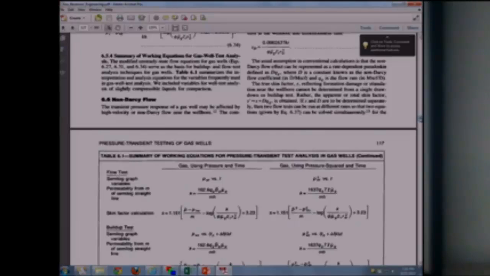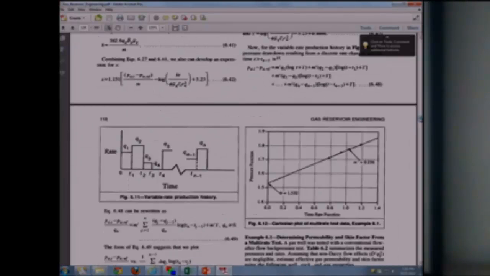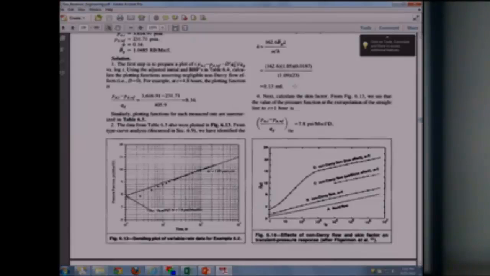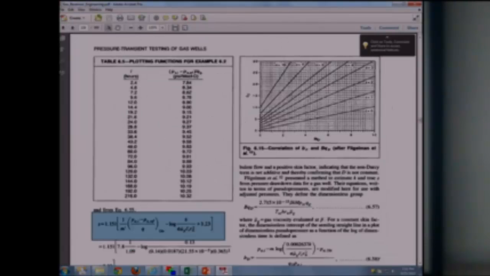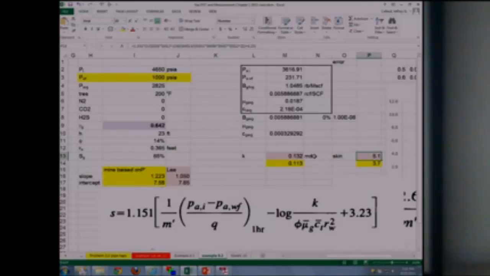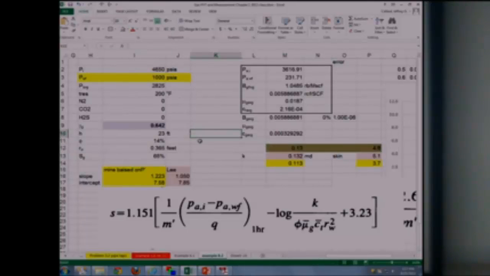Just write down their numbers, 6.3. I can't match their numbers exactly, but I'm very close.